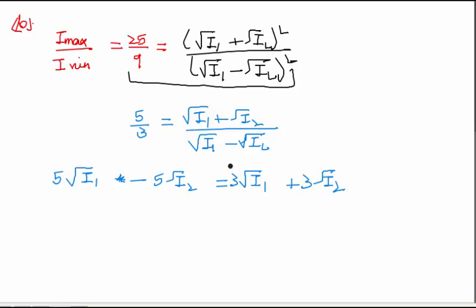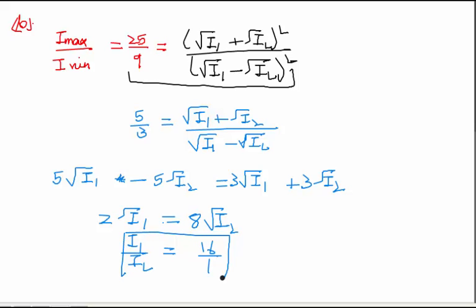So we take all the I1s on the left hand side and I2 on the right hand side. So you will get 2 root of I1 is equal to 8 root of I2. So from here, root of I1 upon I2 will be equal to 4. So I1 upon I2 will be equal to 16:1.